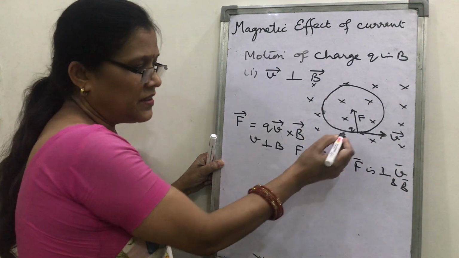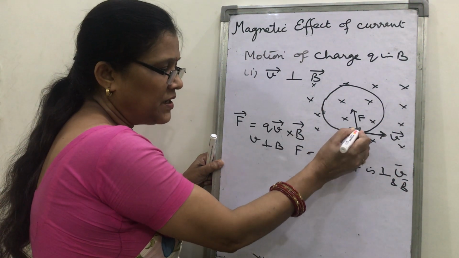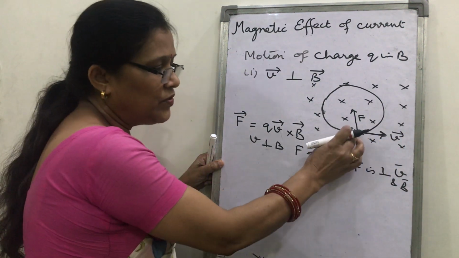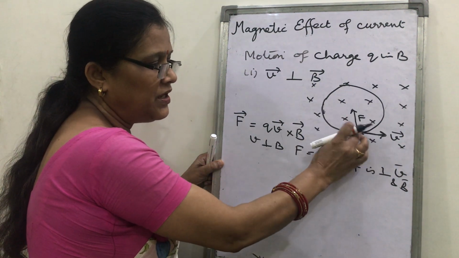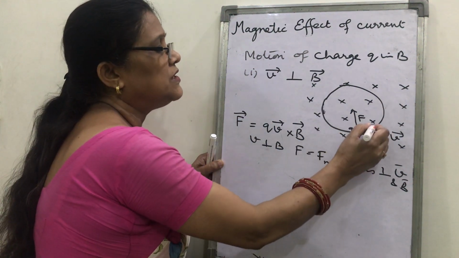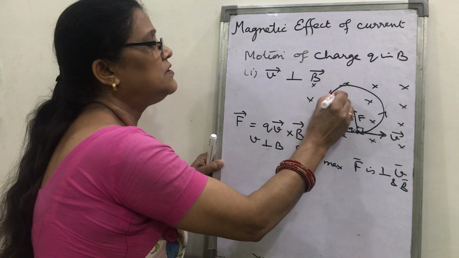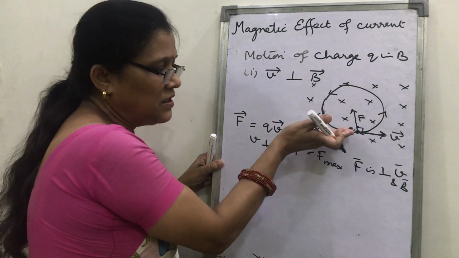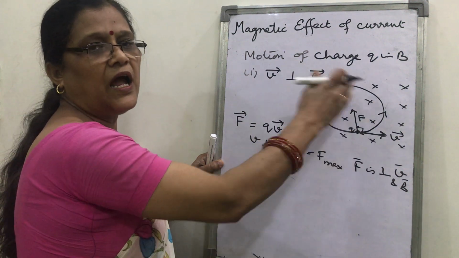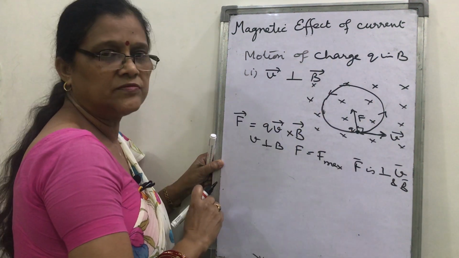So look here, the charged particle is moving at right angle to B, force is at right angle to V, and this angle is 90 degrees. So this is the direction of motion of the charged particle. That is, the path traced by the charged particle is a circle in the anti-clockwise direction.